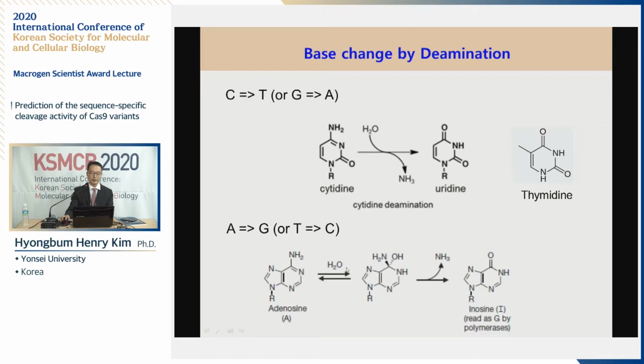Also in adenosine, there is an amine residue. This adenosine can be converted into inosine by removing this amine residue, and inosine is recognized as guanosine by DNA polymerases. So C to T conversion and A to G conversion are possible when we remove the amine residue from C or A nucleotides.